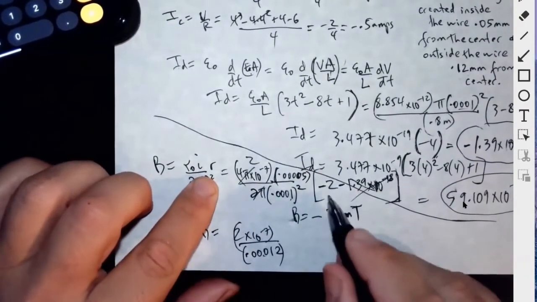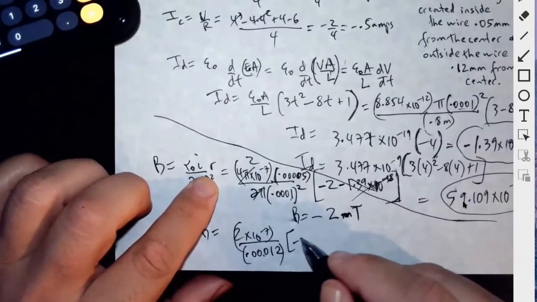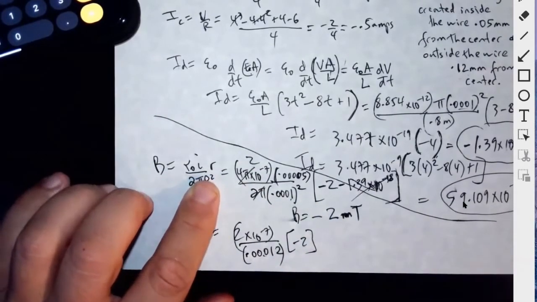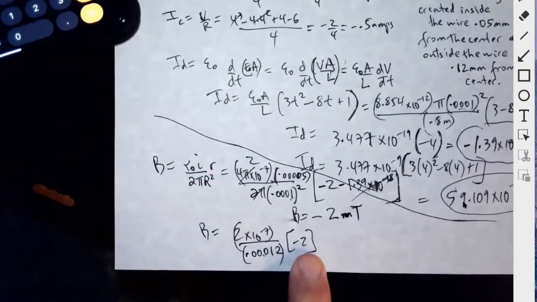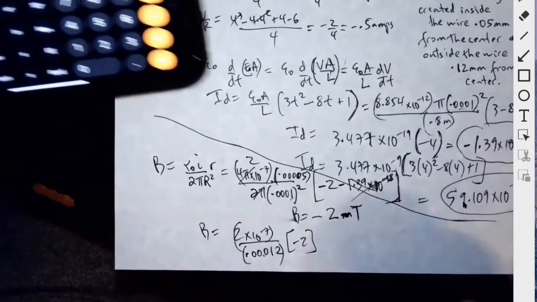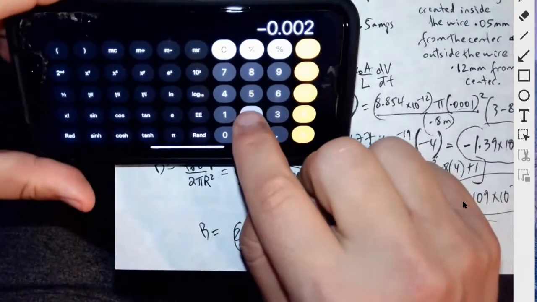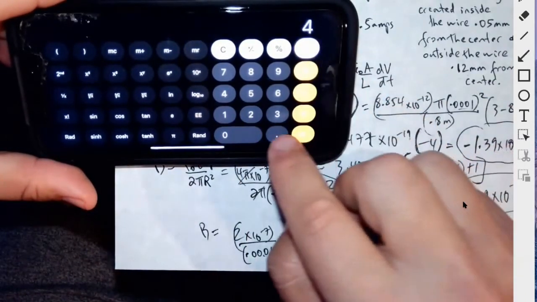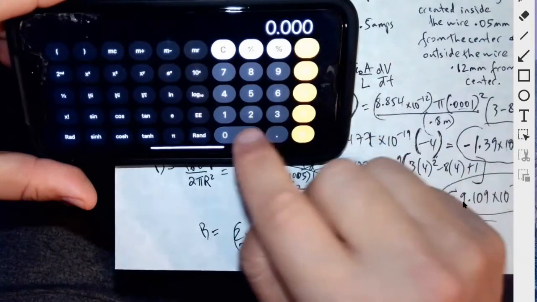Then what's the I? Just -2 again. So 2 times 2 divided by 0.00012.